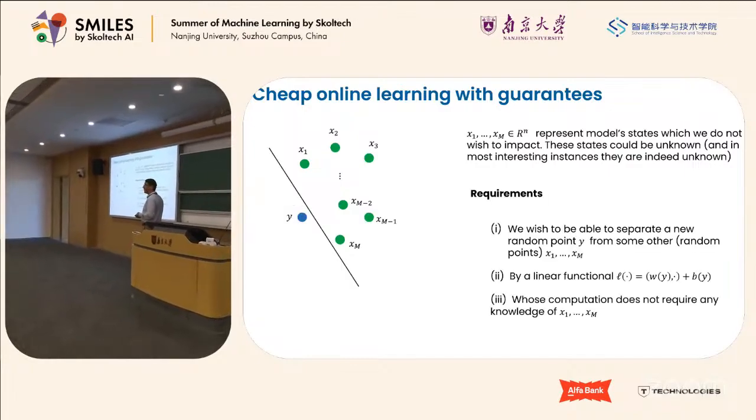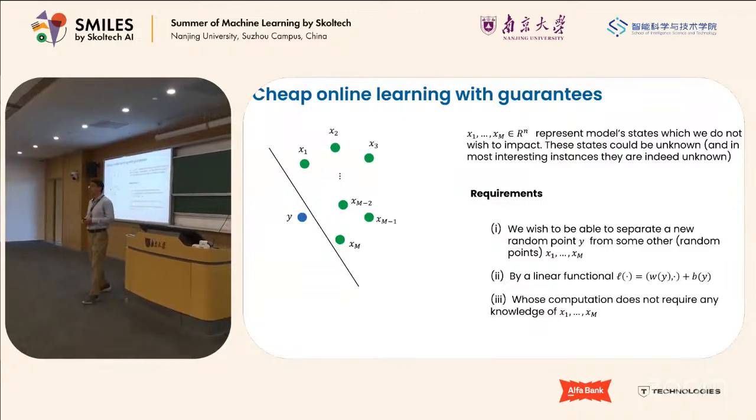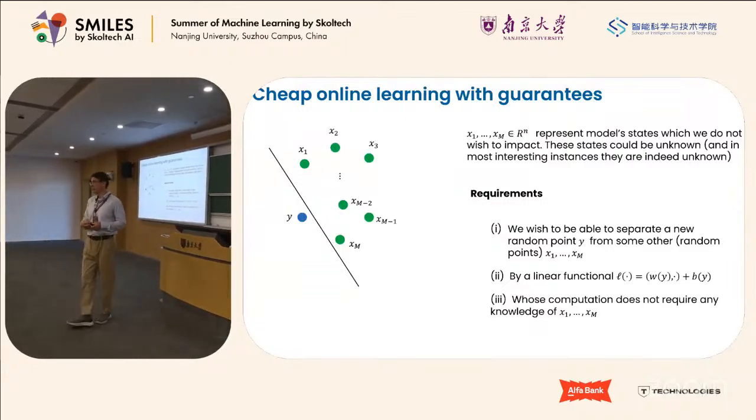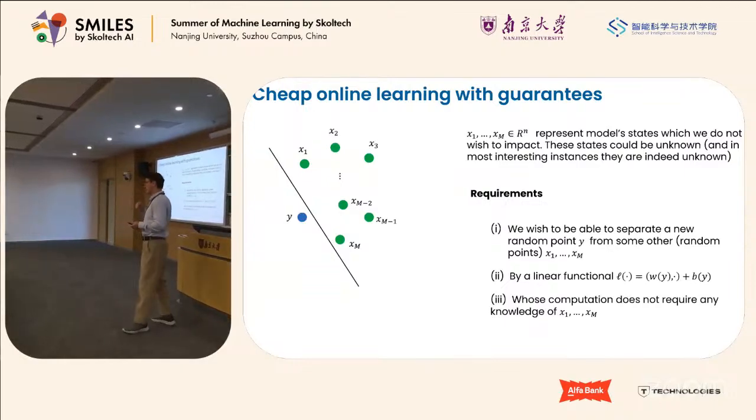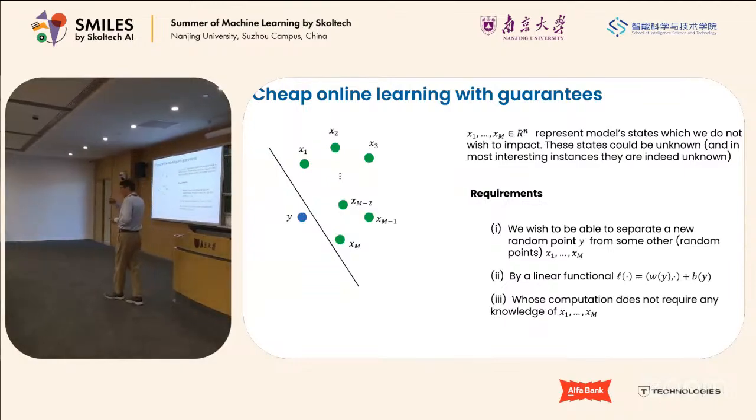The bad data is Y. What I want to do, I want to build a magical device which takes this bad data, Y, and for this bad data alone, without looking at the good data, because this device may not know the good data, computes a separating hyperplane for that bad data, so that the bad data point is on one side and the good data point is on the other side. I will let this thing sink in your heads.